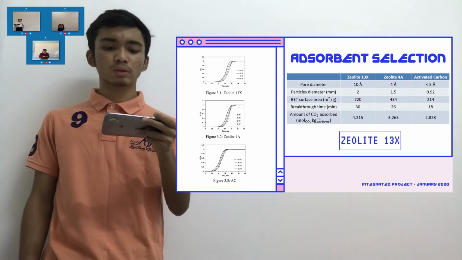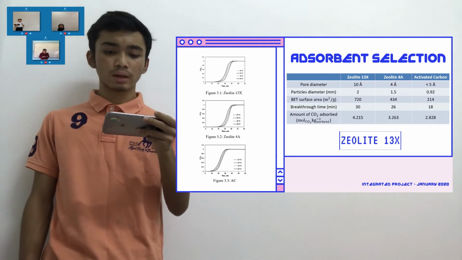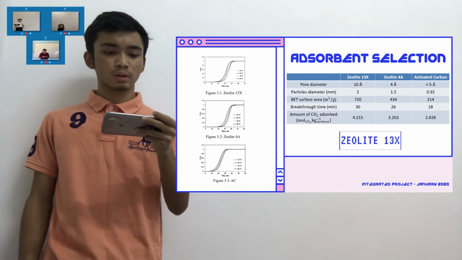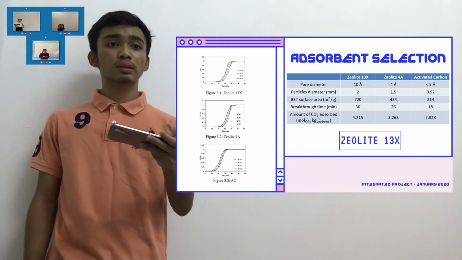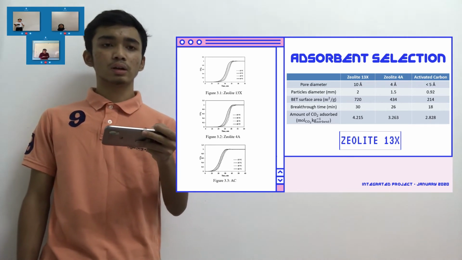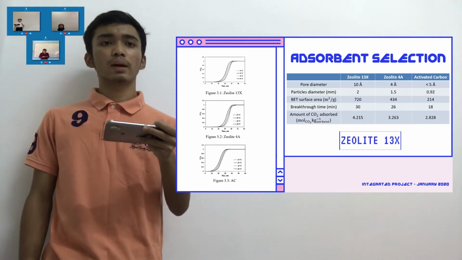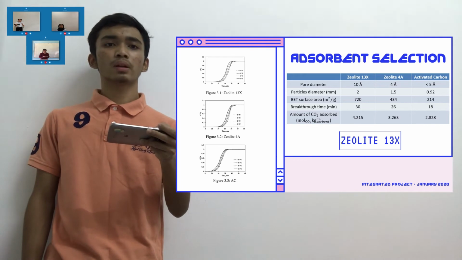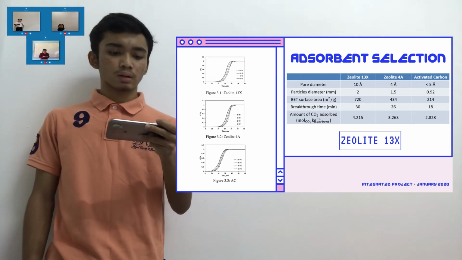In order to select the most suitable adsorbent for the adsorption of carbon dioxide, the CO2 breakthrough curve for each adsorbent was observed. Based on the slide, we can see that breakthrough time for zeolite 13X is the longest, followed by zeolite 4A, and the shortest breakthrough time is activated carbon.